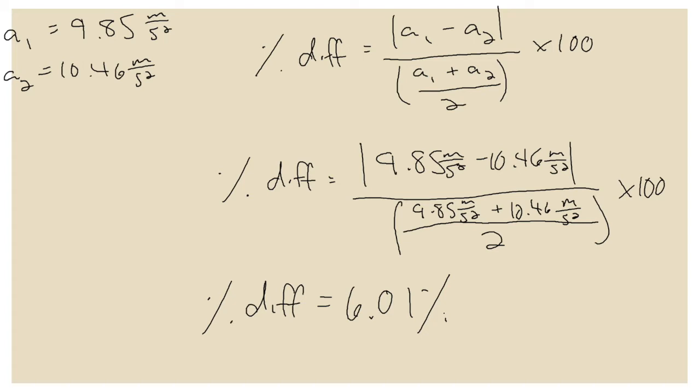So it's important to realize that using any experimentally generated data, you're going to get a little bit of percent difference using these two methods of determining the acceleration. And that was kind of the point. I feel like a lot of people missed the point that the whole purpose of linearizing the graph is that it gives you a better way to determine the acceleration because the graph is linear.